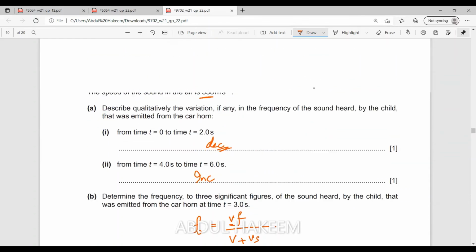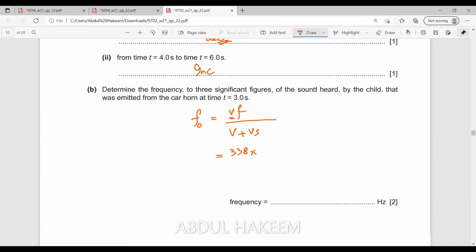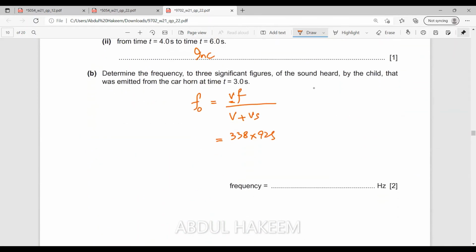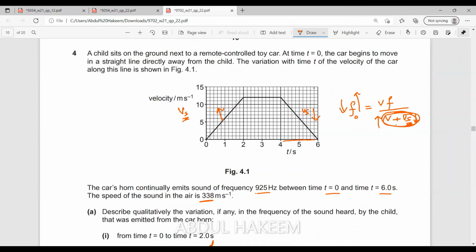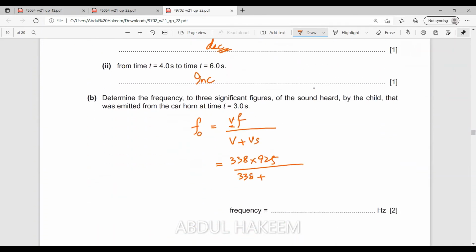What is the actual frequency? 925 divided by actual speed 338 plus at this instant 3 seconds, the speed of this is, I think it is 11 and 12. So we have to write here 12. Now after calculation, the answer is coming 893 hertz.